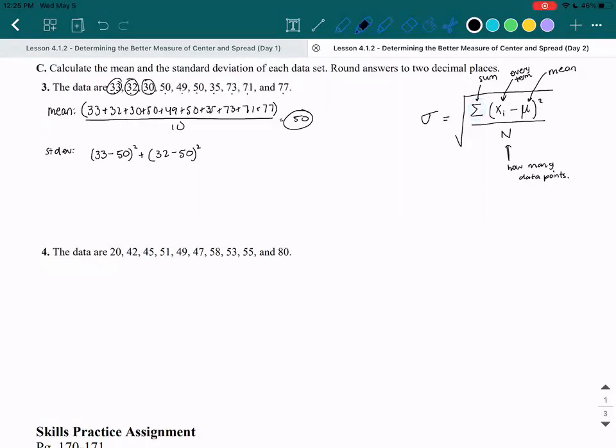Next term is 30. So we're adding it. 30 minus the mean, which is 50, and we're going to square it. Do it again with the next term. And again with the next term. And again with the next term.